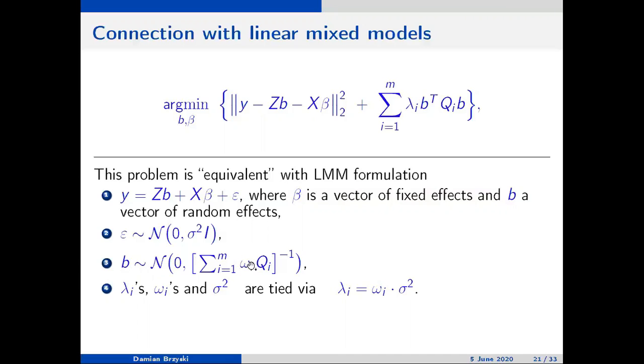That's why if you had, for example, only m equal 1, then you can take the inverse of the scalar omega, and this would reduce to the ratio. So this is exactly the same as before. This reduces to the previous linear mixed model formulation for the case with m equal 1.